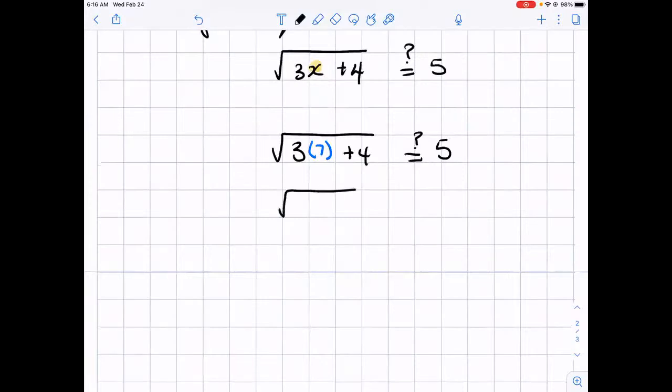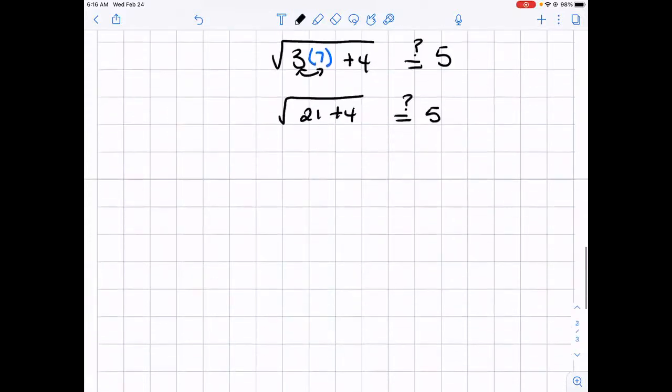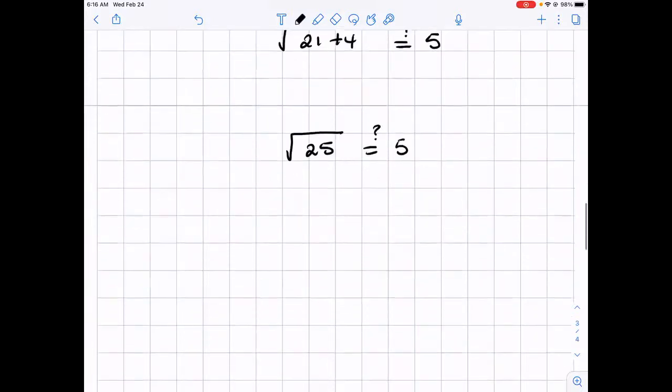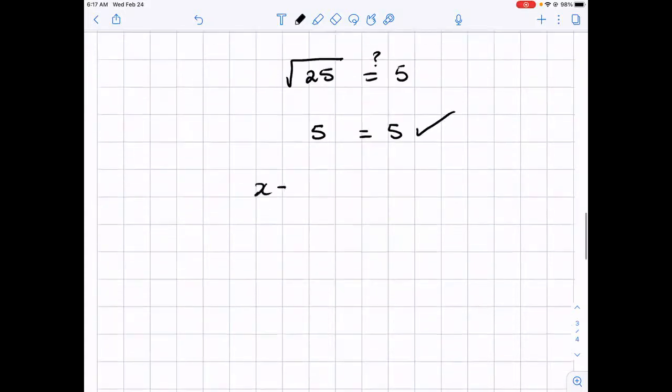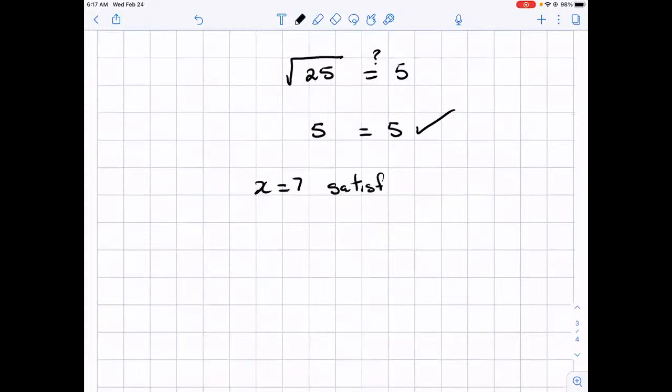Well, 3 times 7 is 21, plus 4 is 25. The square root of 25 is 5, which is equal to 5. So this is true. Now we can say x equals 7 satisfies the original equation.